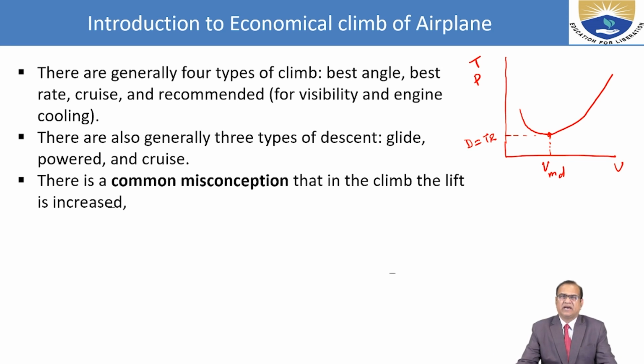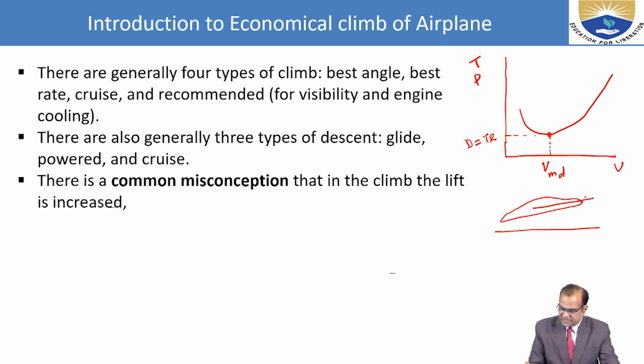There is a common misconception that in the climb the lift is increased. It is not so. Let me draw one aircraft and then we will see how these things work. This is the aircraft, this is the wing, this is the tail, and it is climbing with some angle gamma.